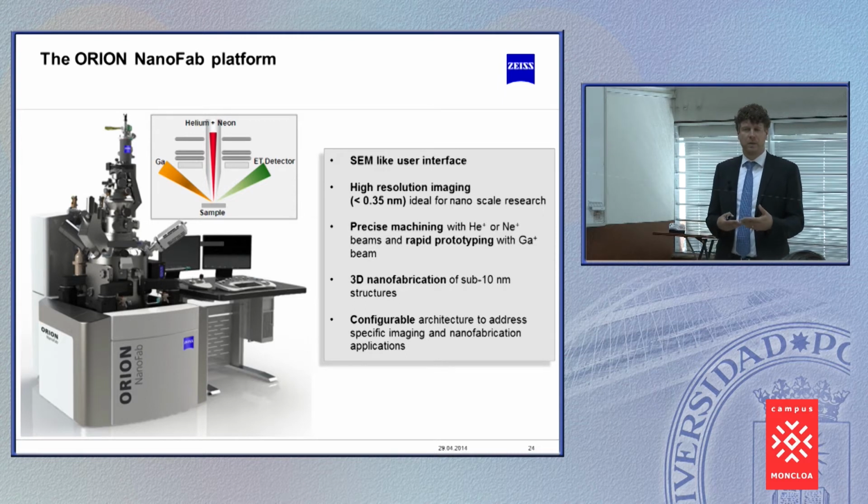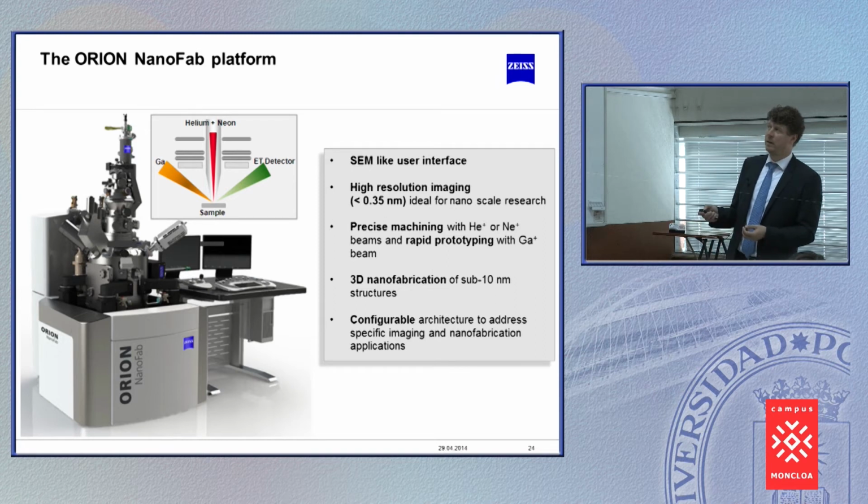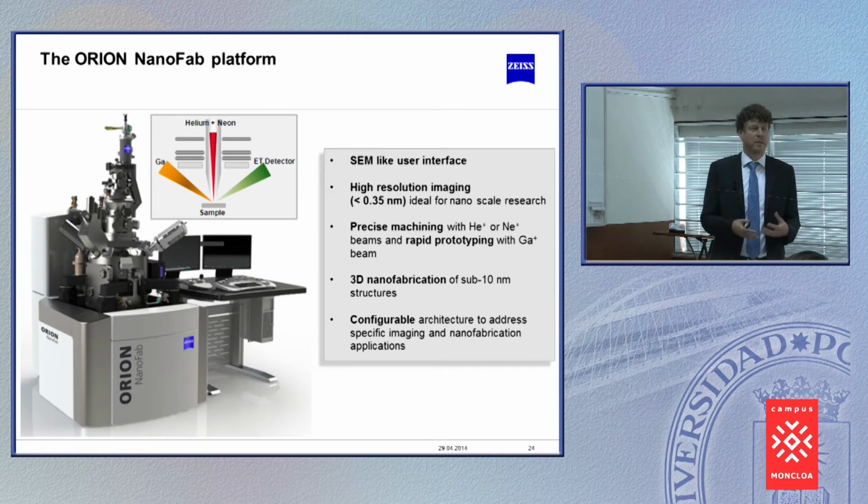The people started to use this device, of course, for imaging, but they learned very fast that you can also use the helium ion to make some nanofabrication. So they asked for a higher element. So we built the Orion Plus microscope.